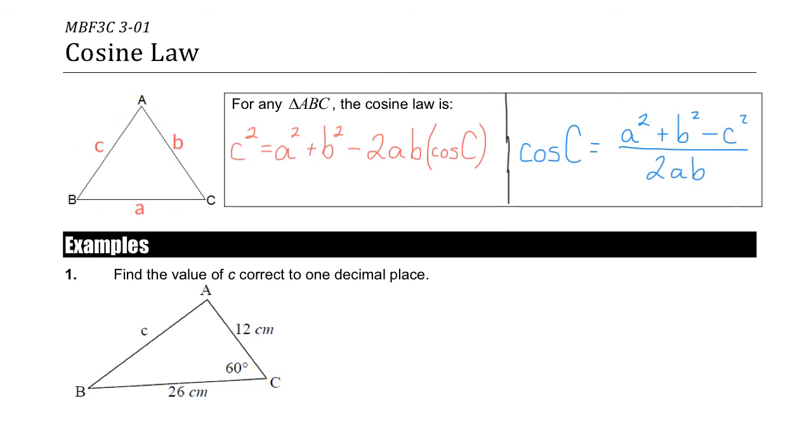What's important is the position of the numbers that you are putting in the formulas. This is the side you're trying to find. This is the angle you're trying to find. And when you're trying to find this angle, it's very important that you're putting the opposite side in the right spot. Otherwise, you're not going to get the right answer. And hopefully this will make a little more sense once we do some examples.